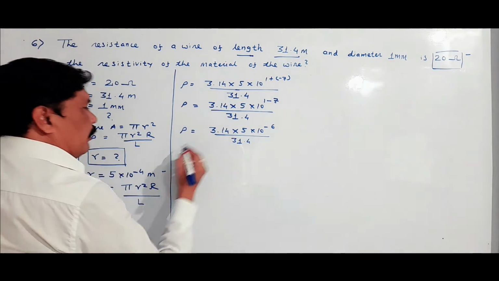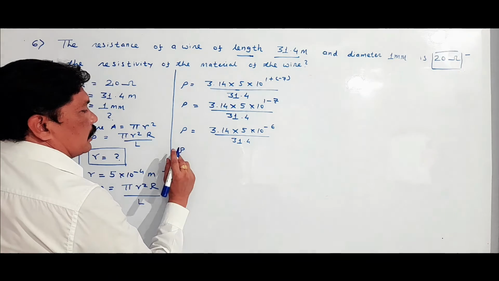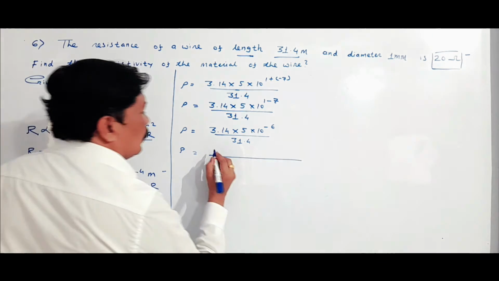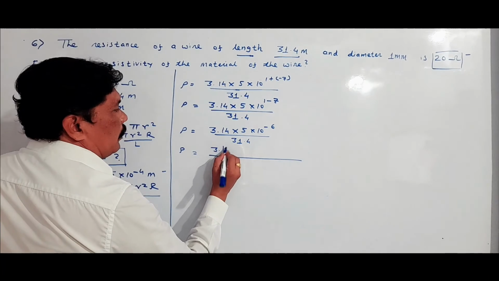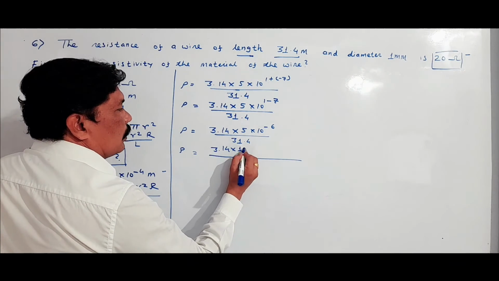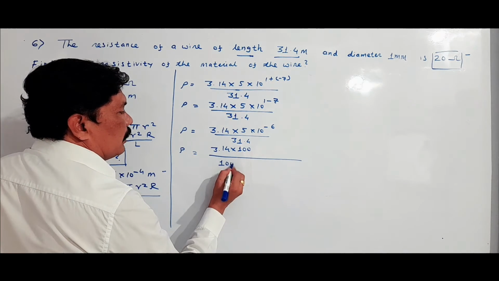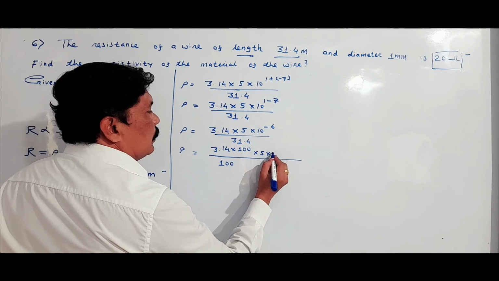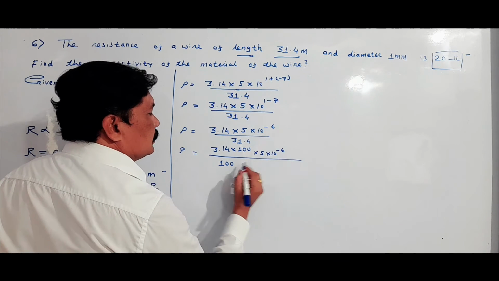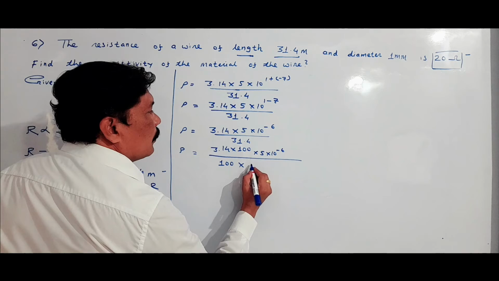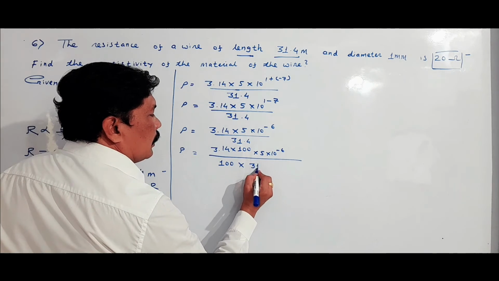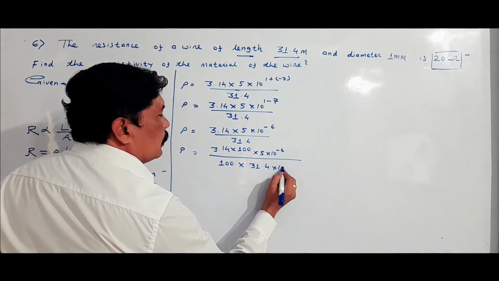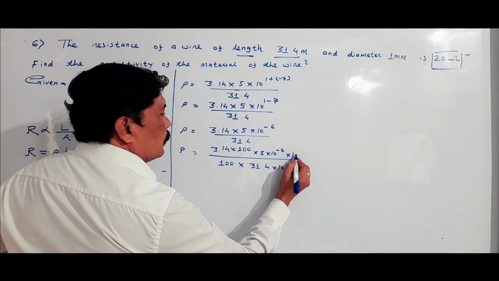My dear student, now we will try to remove the decimal point. Resistivity of a material is equal to 3.14 into 100, we will divide it also by 100, into 5 into 10 to the power minus 6 upon 31.4 into 10 into 10.